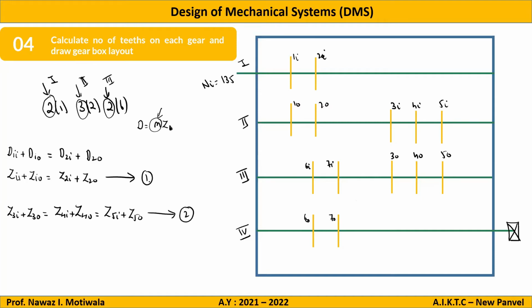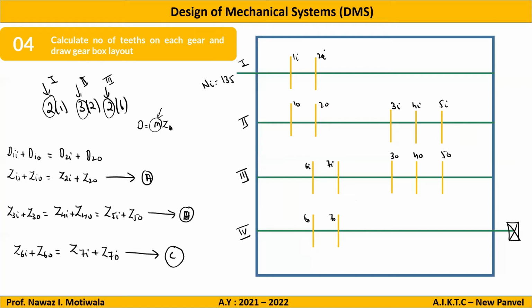So in place of writing 1, 2, and 3, I will write A, B, C, so that it is easy for us to give the numbering to the basic equations later. So A and B, and the third stage I will write like z6i plus z6o is equal to z7i plus z7o. And let this be main equation number C for the third stage.